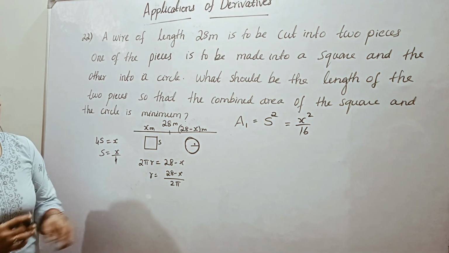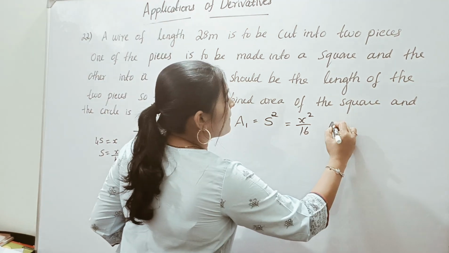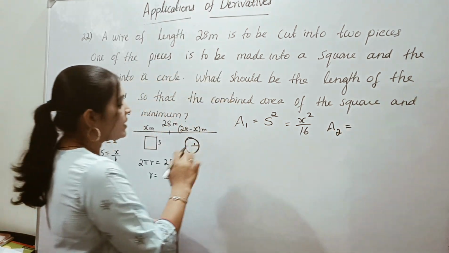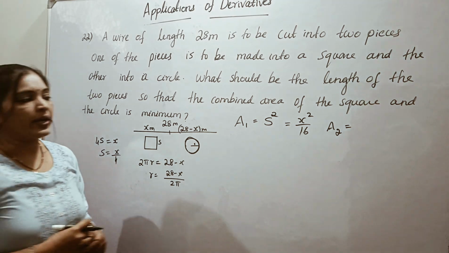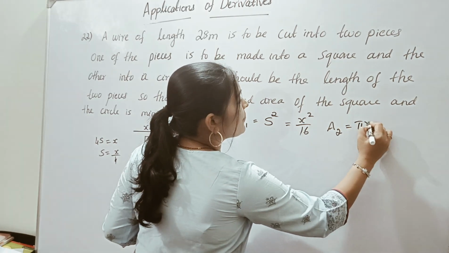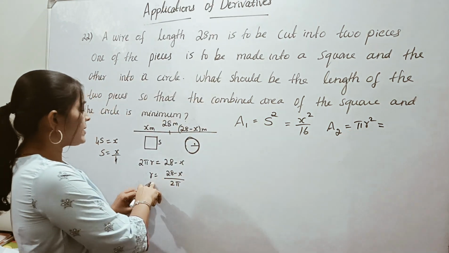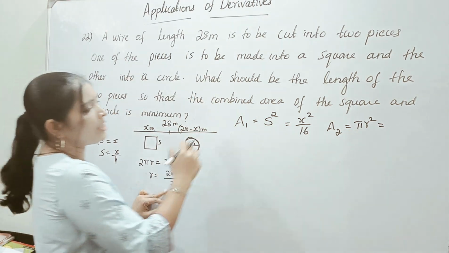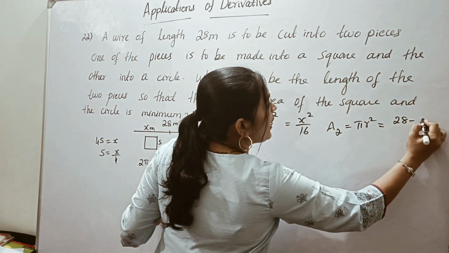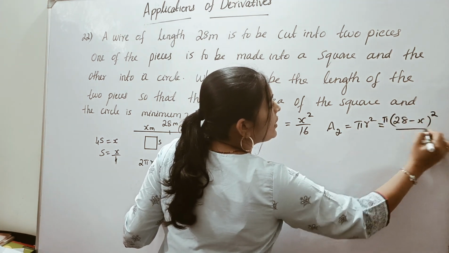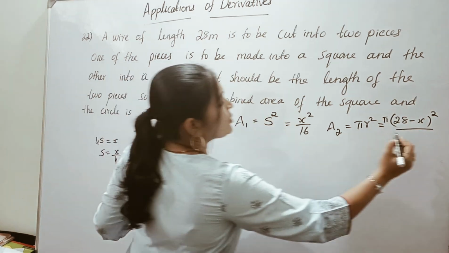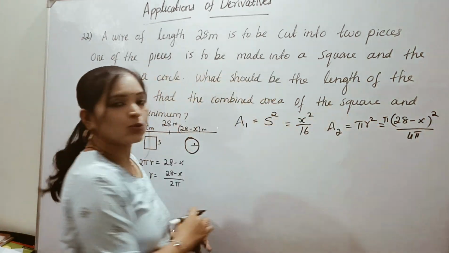Then A2, that is the area of the circle. What is the area of a circle? Area of the circle is pi r square, right? So what is r? r is equal to 28 minus x divided by 2 pi. So pi into (28 minus x) whole square divided by 4 pi square, because of r square.